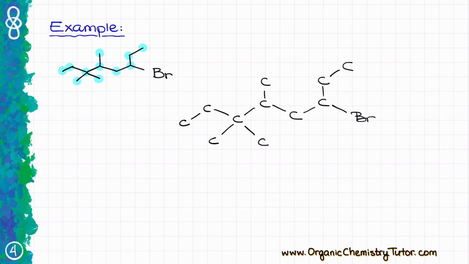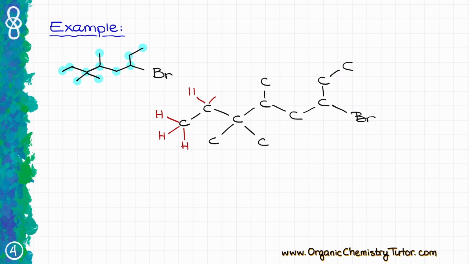Next, I'm going to add all the hydrogens that I'm missing from my molecule. As each carbon needs 4 bonds, I will have to see how many bonds carbon currently has and add a sufficient amount of hydrogens to add up to 4. So my first carbon over here will need 3 additional bonds, which are going to be my hydrogens.